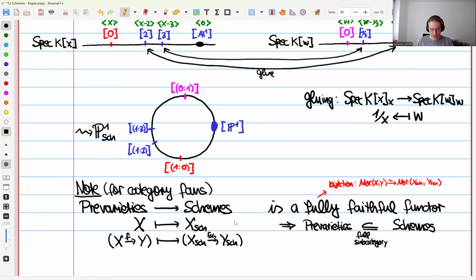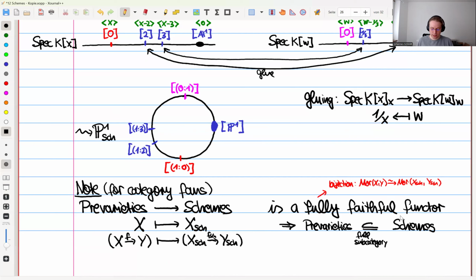And this is not just some functor. I mean, this just requires checking that, for example, if you have the composition of 2 things, you get the composition of the things here. But it's actually what is called a fully faithful functor.